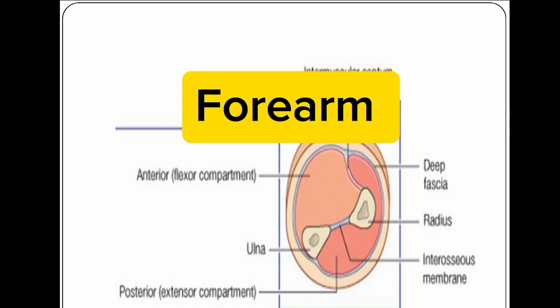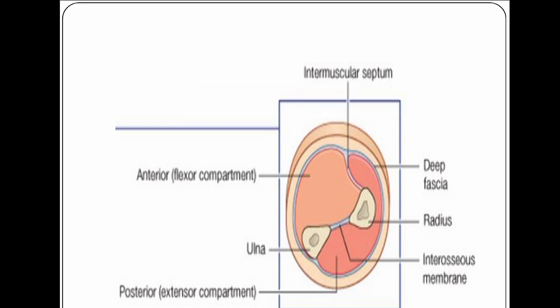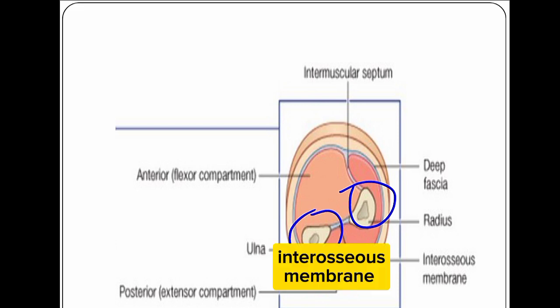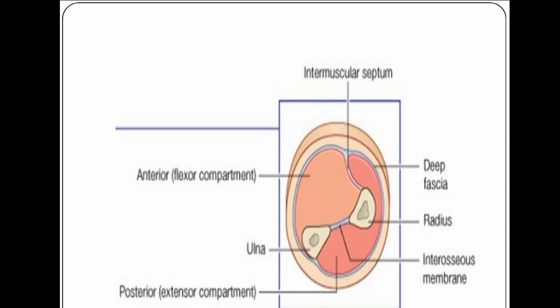And when we study the forearm through the superior aspect, we get the forearm like this, a horizontal section. Now, you can see the two bones, the lateral bone, which is the radius, and the medial bone, which is the ulna. Between these two, radius and ulna, there is a strong ligamentous band, the interosseous membrane. This interosseous membrane serves as a united band that connects the radius and ulna together.